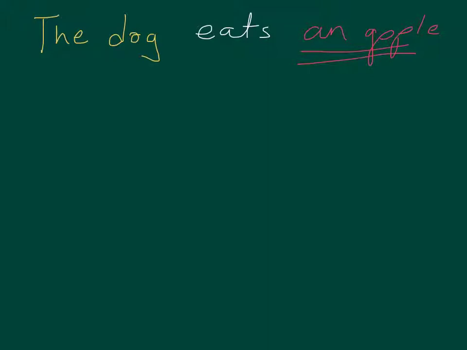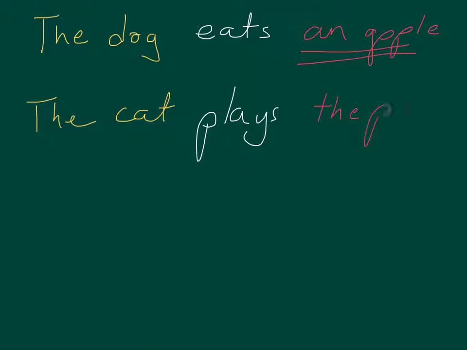Let's see. We also have the cat is our subject. Plays is our verb. The piano here is our direct object. It's what's being played. It is the receiver of the playing.